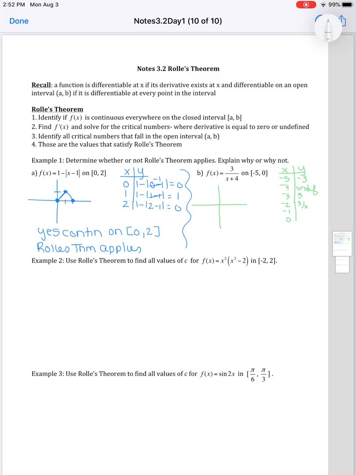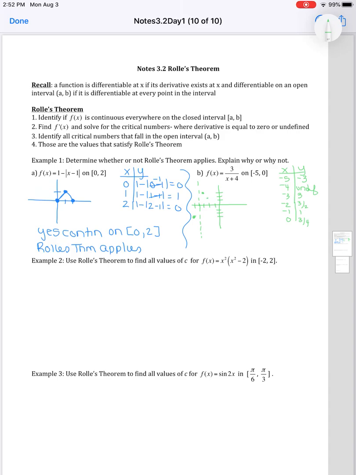If I plug in negative 3, I get a positive 3. If I plug in negative 2, I get 3 halves. If I plug in negative 1, that's going to get me 1. And if I plug in 0, I get 3/4. So I have a vertical asymptote there, so it can't equal that value.